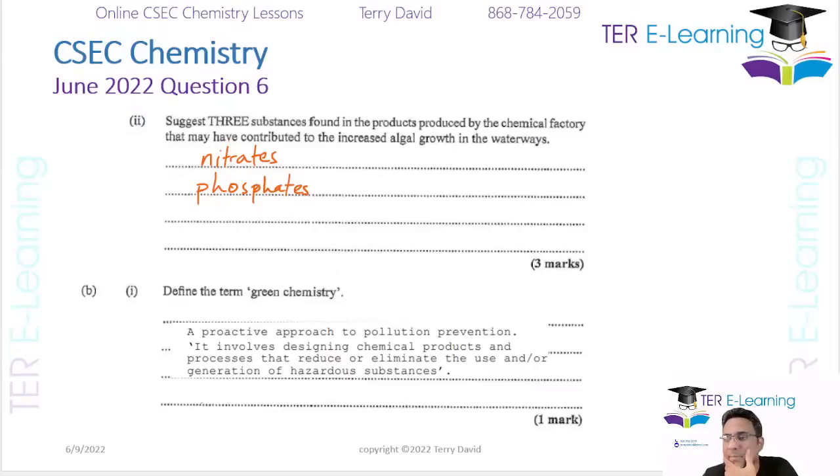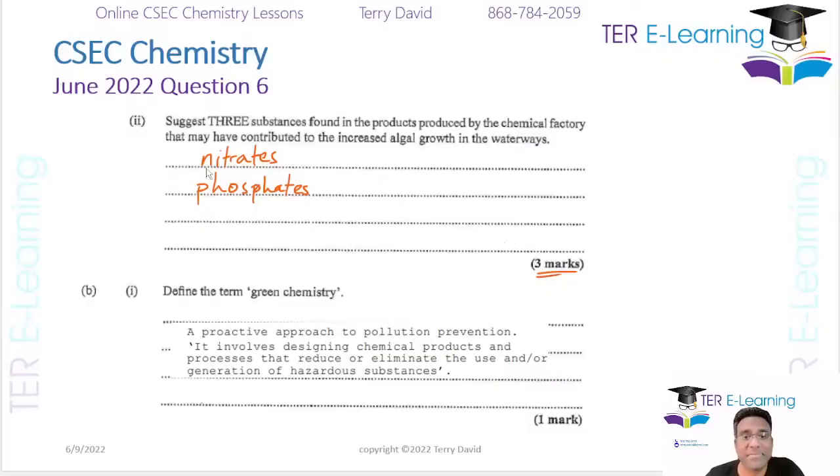What else did you all put? Right, so they want 3 here, right?